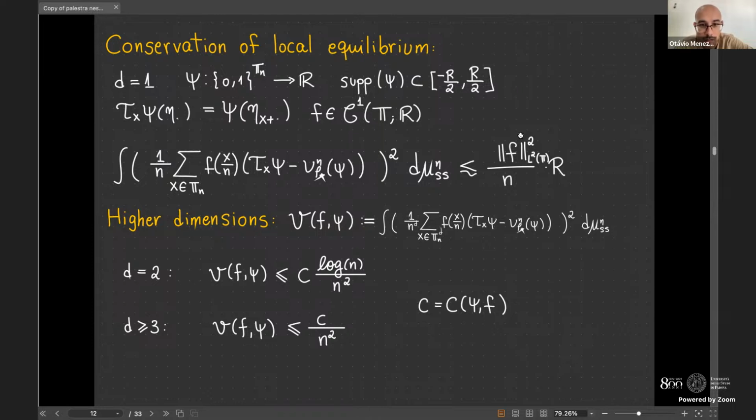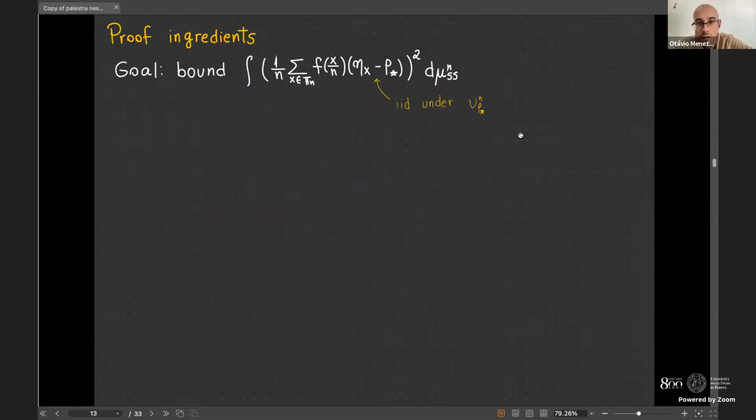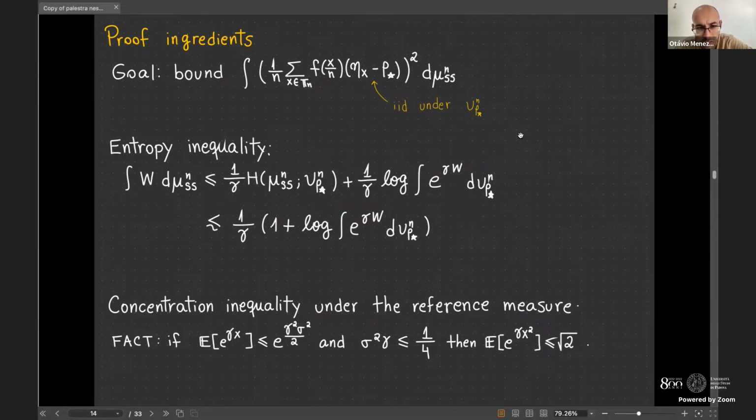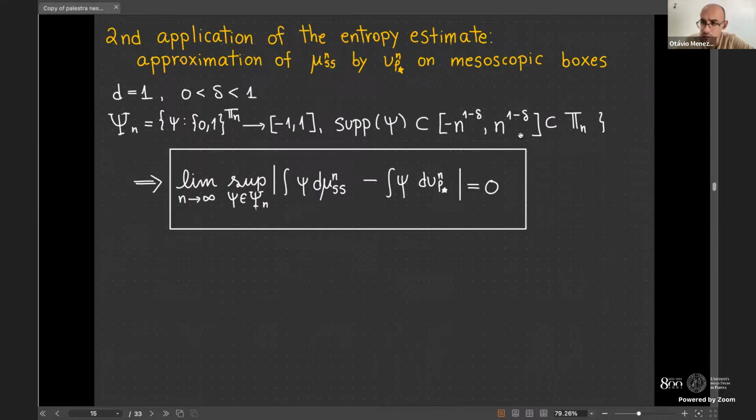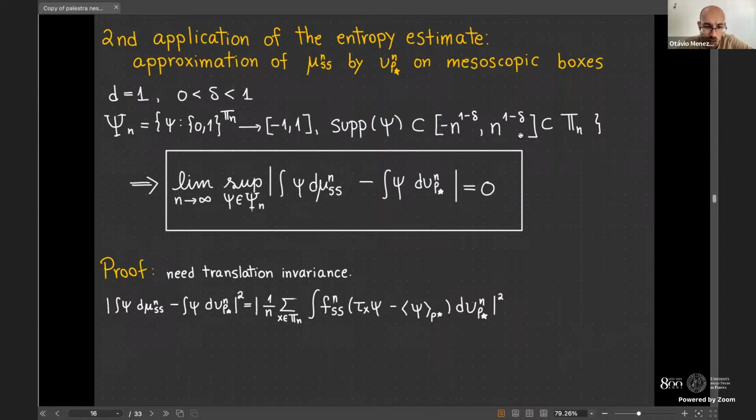But those are things you get to do if your reference measure is good to work with, such as IID, and if you have a good estimate on the distance.